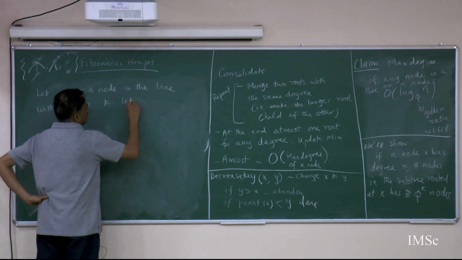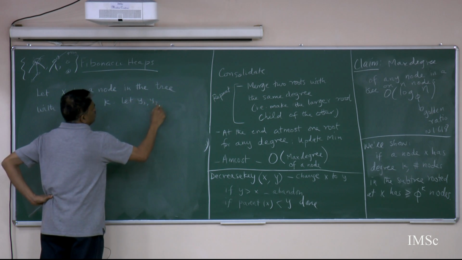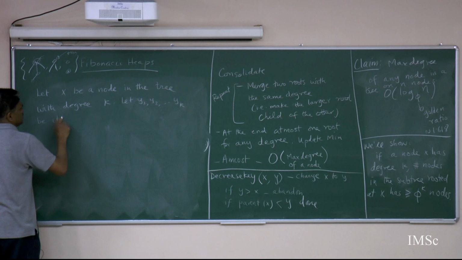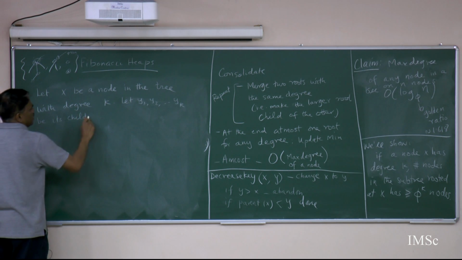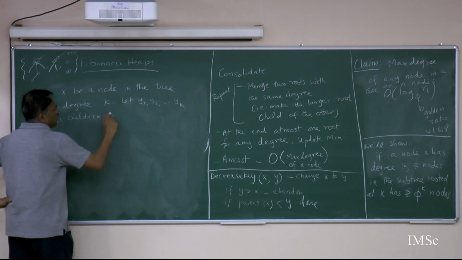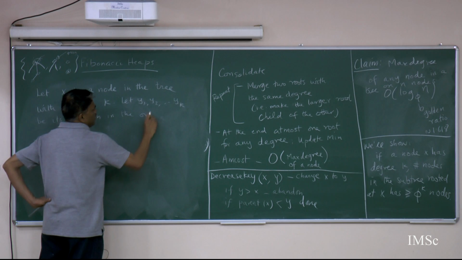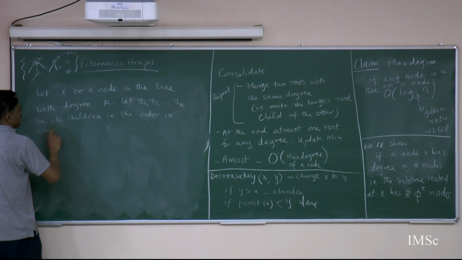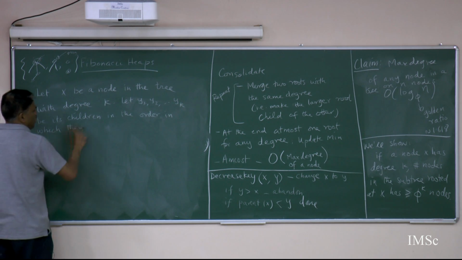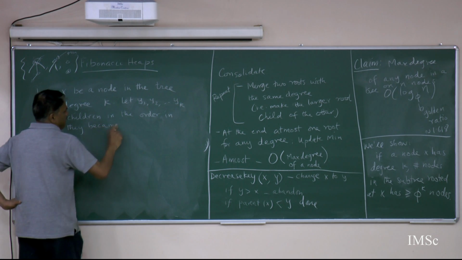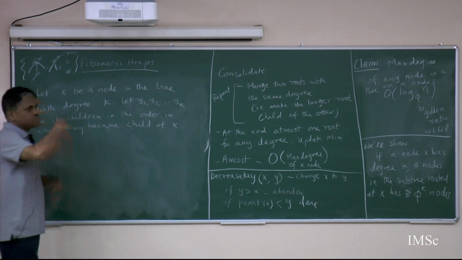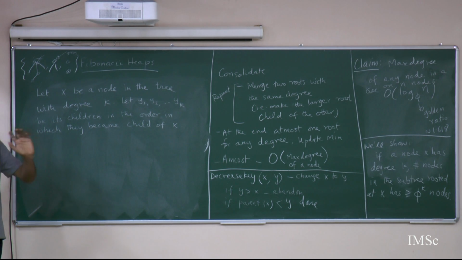And let y1, y2, ..., yk be its children in the order in which they became children of X. So these operations are happening, and I look at one timestamp, look at one tree.